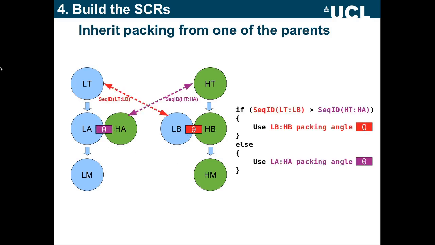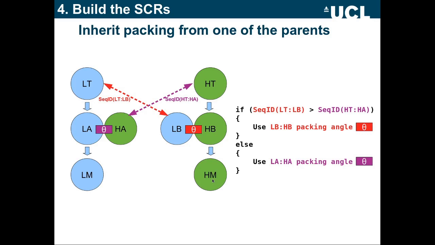So what we've chosen to do here is build the light chain target based on antibody A's light chain to build this model of the light chain, and we've chosen to build the heavy chain target based on antibody B, and the heavy chain of antibody B gives us this model of the heavy chain.